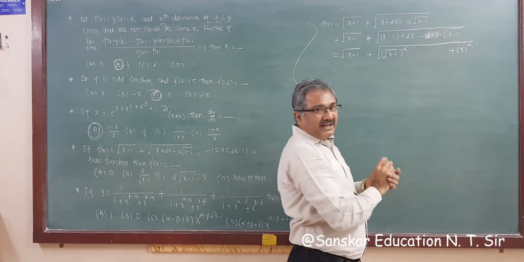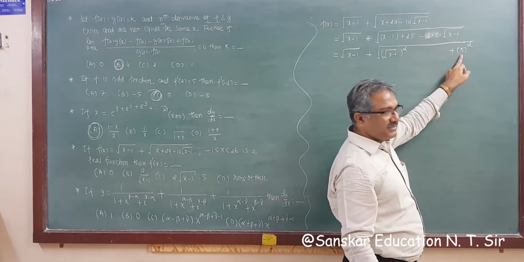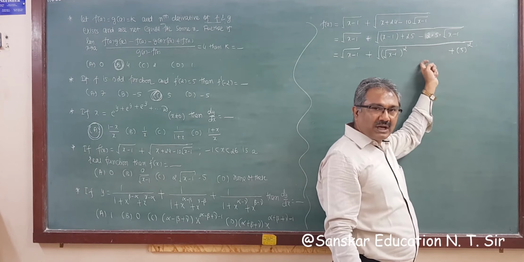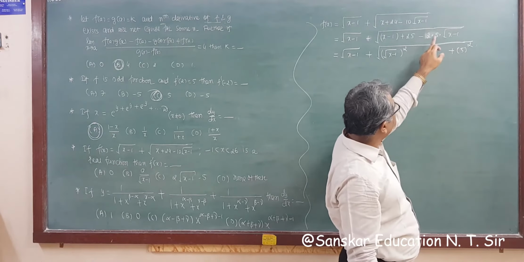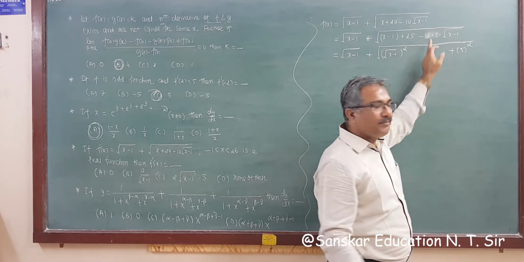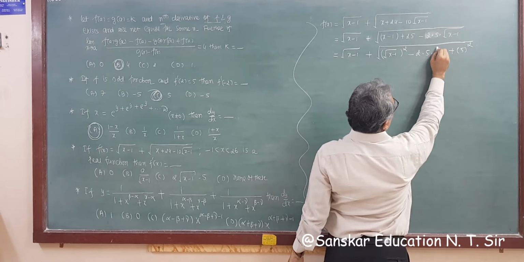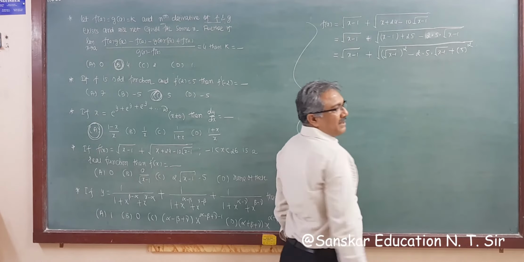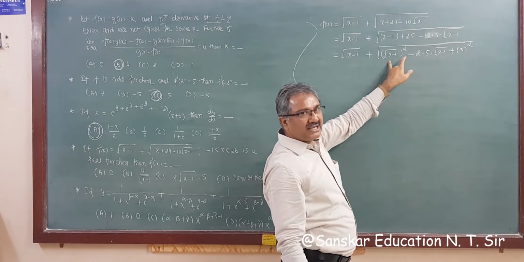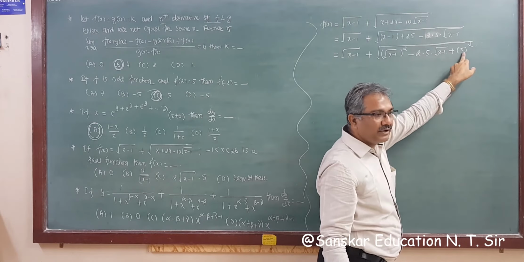So the middle term will be either plus or minus 2 times 5 into root x minus 1. But the sign of the middle term is minus. So this is 2 times 5 into root x minus 1. That means this is a perfect square of root x minus 1 minus sign, and the last term is 5, right?